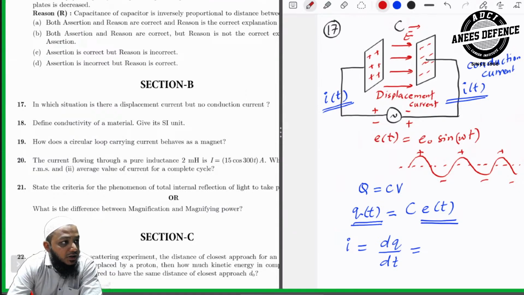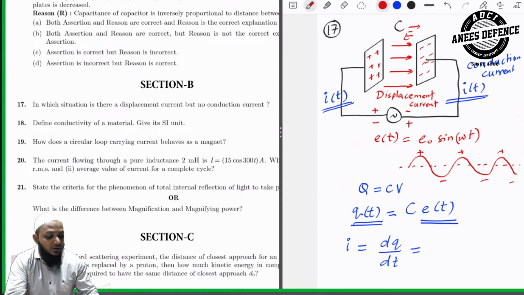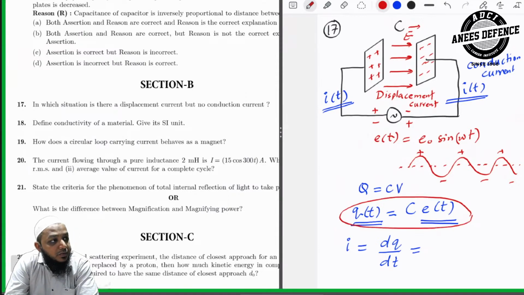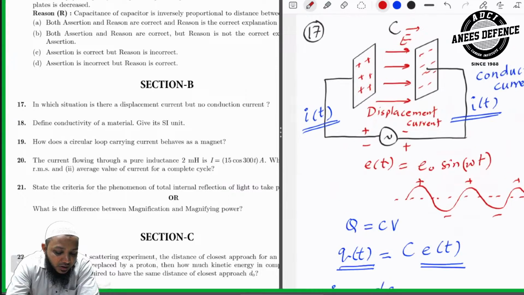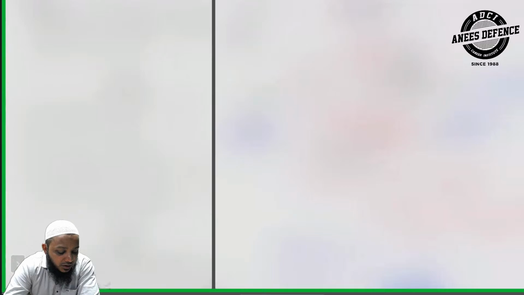Since the DC battery doesn't change its potential, the charge on the capacitor will also be constant, so there will be no current. dq by dt will be 0. So remember that the displacement current we have introduced here is flowing just because of AC current.